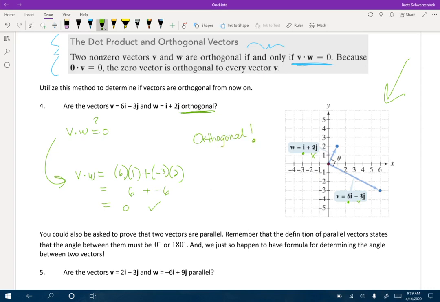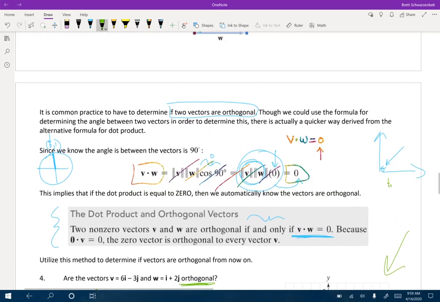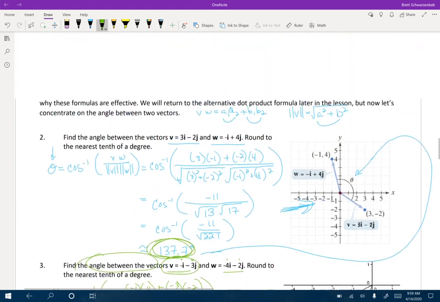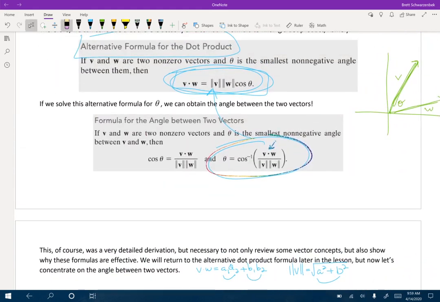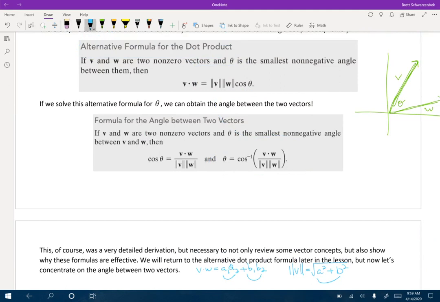Just to be clear, why does this work mathematically? If you went back to the formula that we talked about before, the one I just erased, v dot w is going to be 0, which means 0 divided by anything would result in the cosine inverse of 0. If you're looking for the cosine inverse of 0, you're going to end up with a 90-degree angle.